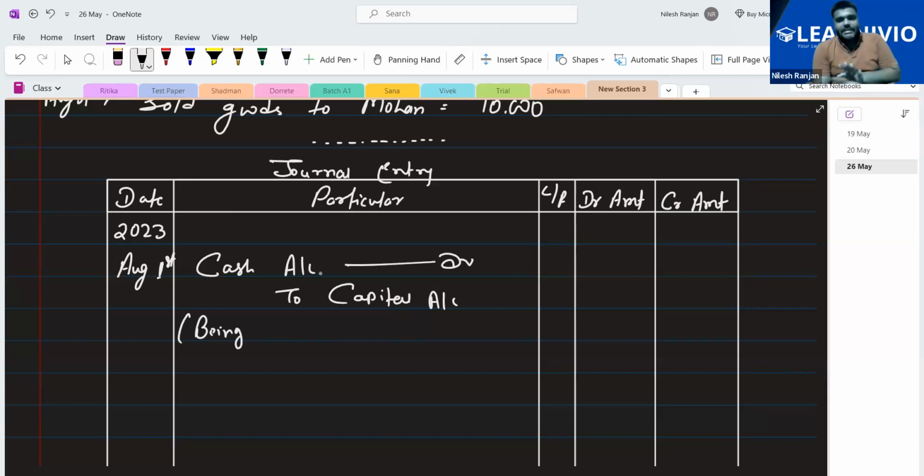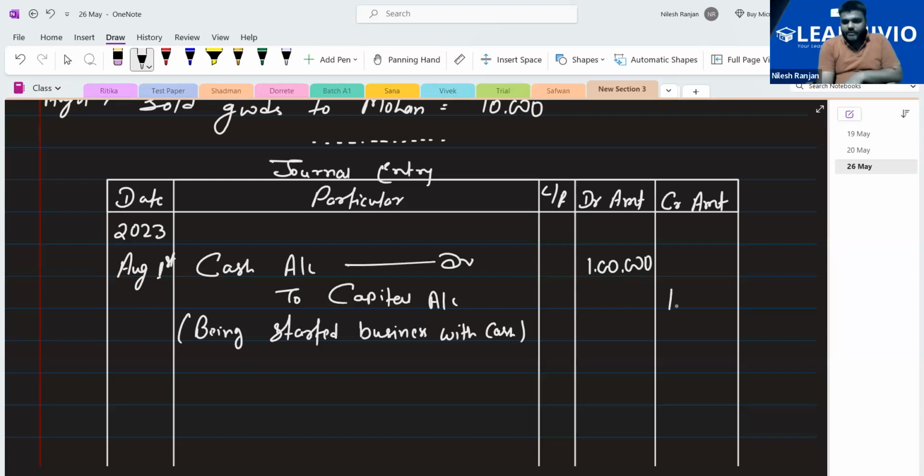So he can easily understand by this. So: being started business with cash. You just put "being" before and write the same sentence that is written in the question: started business with cash. This is our first transaction.